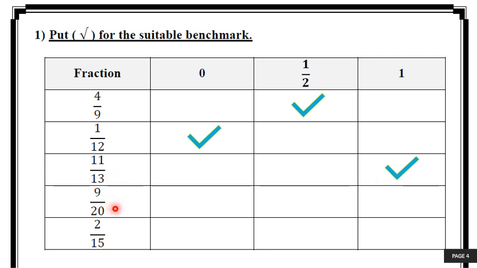And 9/20, this is close to half because the half of 20 is 10. So 9 is close to half. 2/15, it is close to 0.